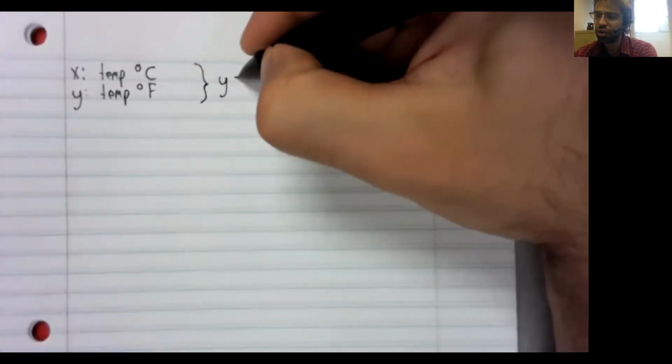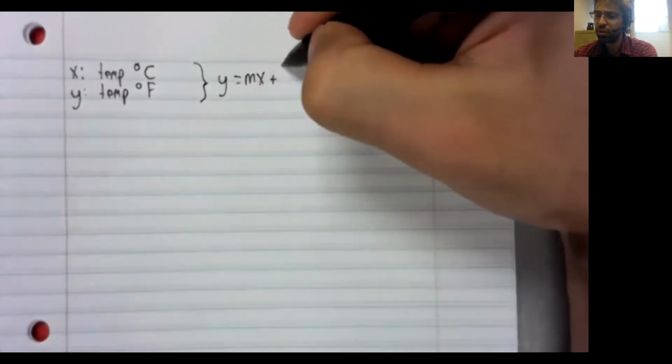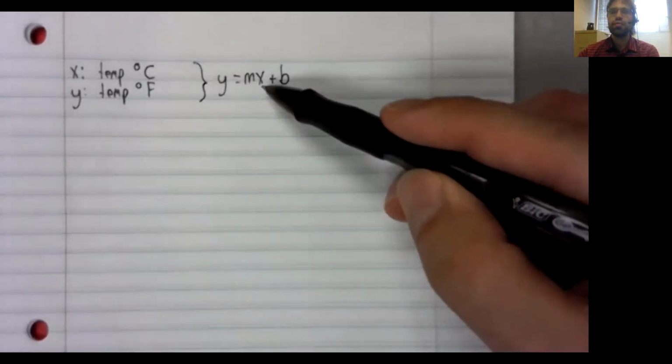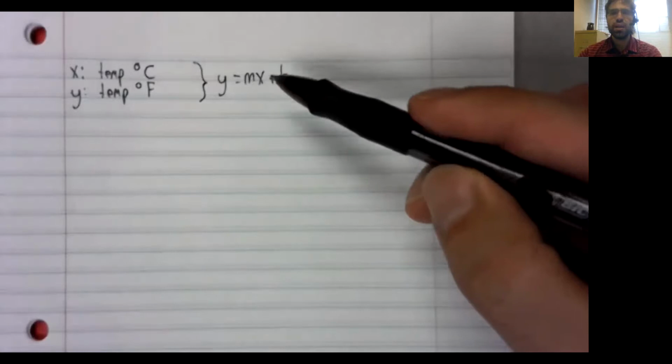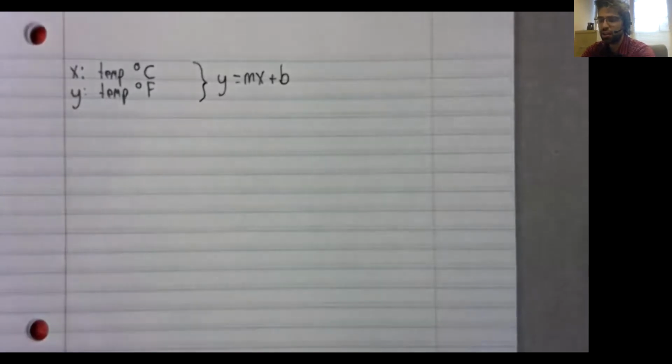Now, the relationship between these turns out to be linear. Y equals mx plus b. And let's try to find this equation. Well, of course, we're going to need some data.